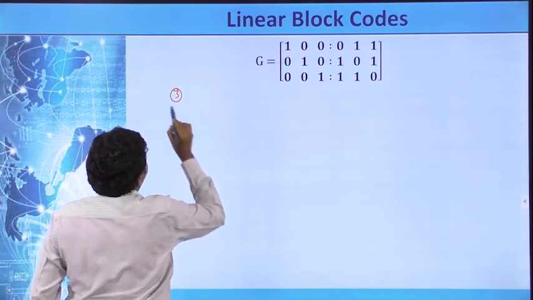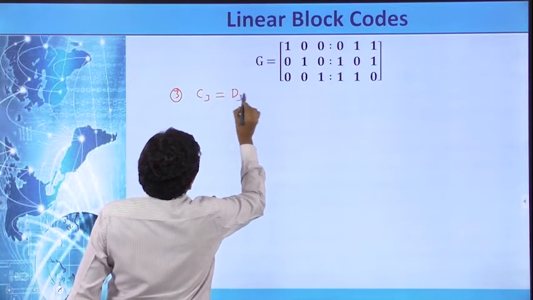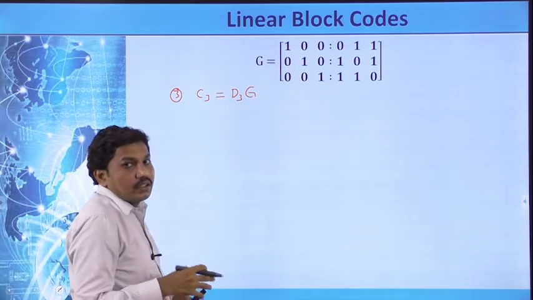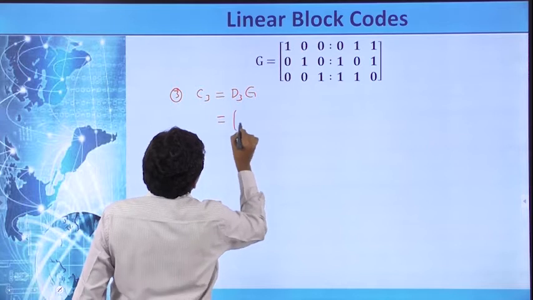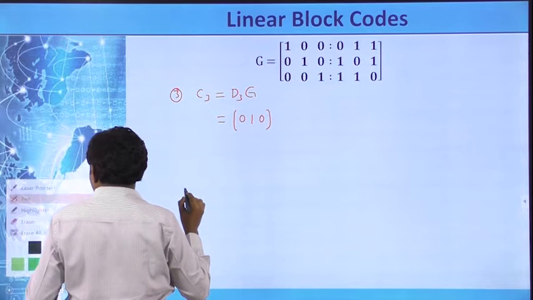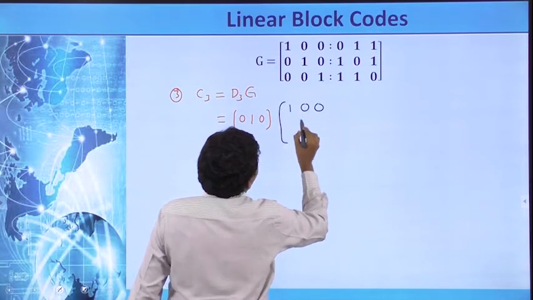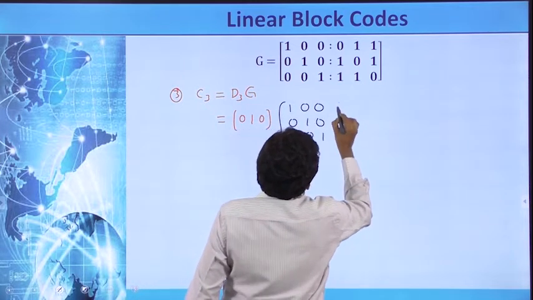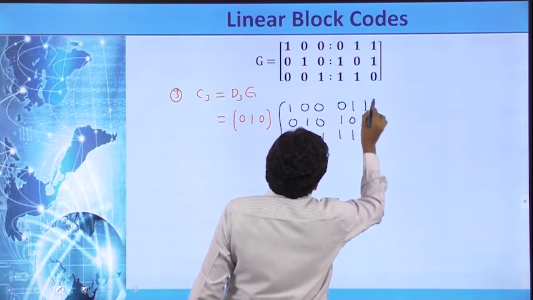Third code word, C3 equal to D3 into G. D3 means the third message, which is 0 1 0. G is 1 0 0 0 1 0 0 0 1 0 1 1 1 0 1 1 1 0.